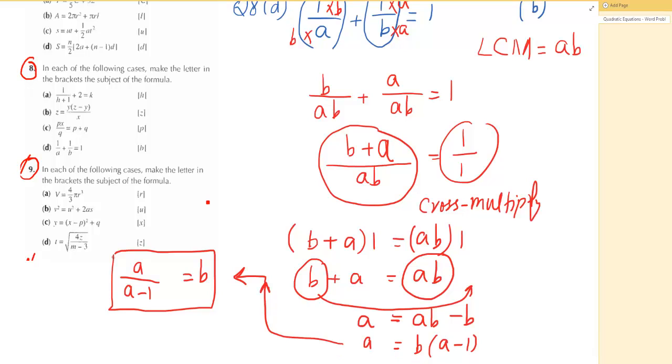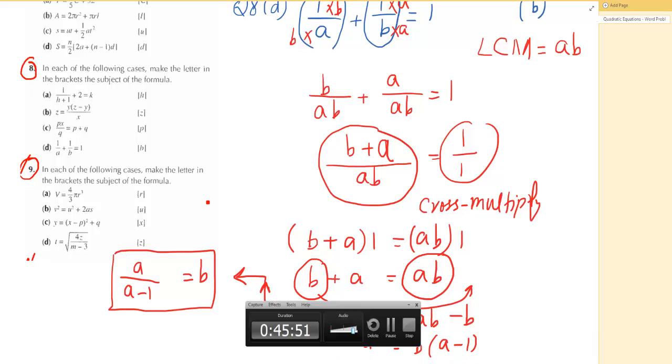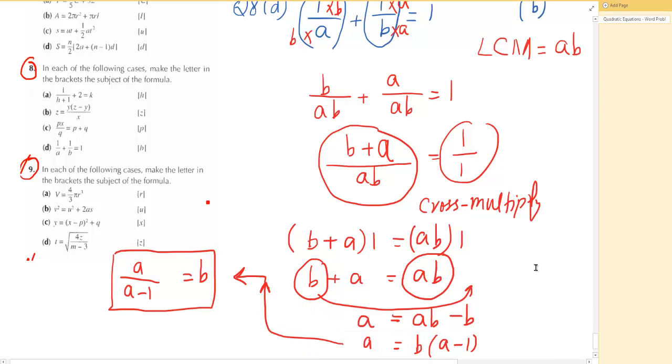Now we have done all the parts of question number 8 as well. So now let's practice question number 9, and this is the last question, and then practice of the topic will be finished.